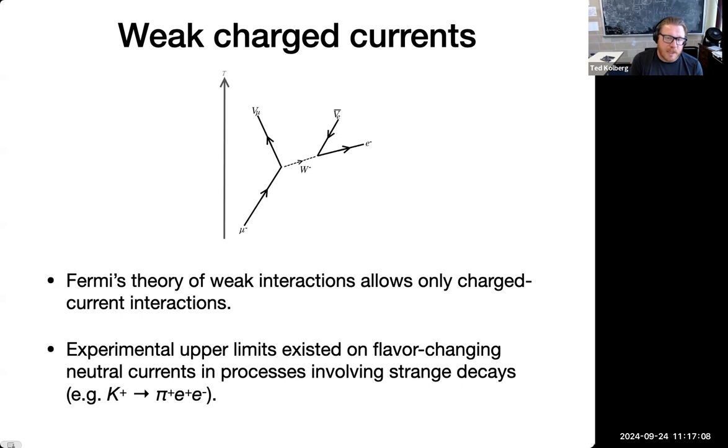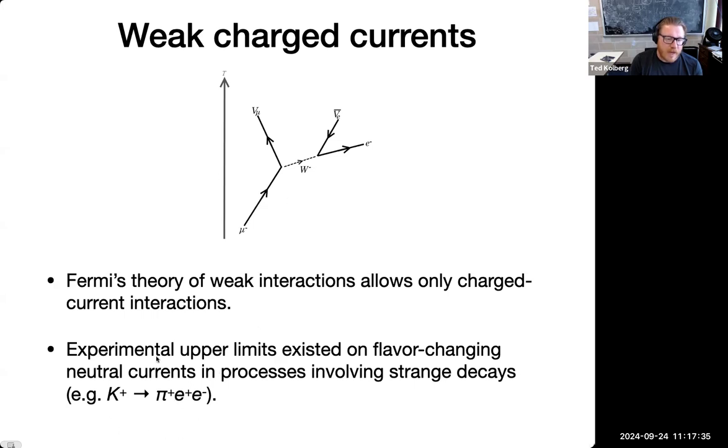There was no idea, for example, of looking at neutrino exchange. And people actually, by this point in like the 1960s, had experimental upper limits on the amplitude of flavor changing neutral currents, currents which in our modern understanding we would say are carried by the Z boson rather than the W.